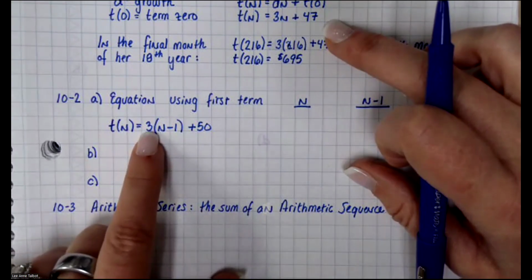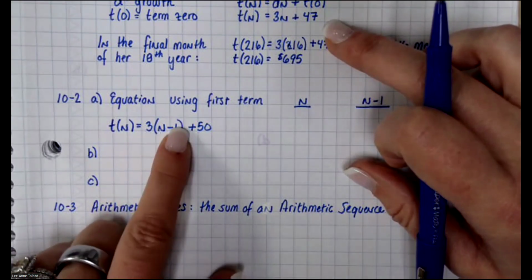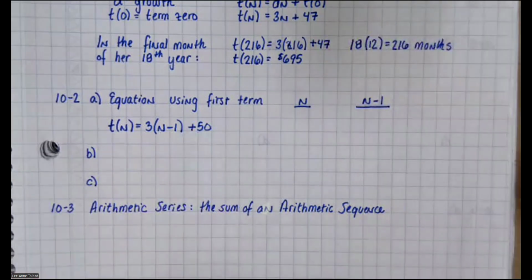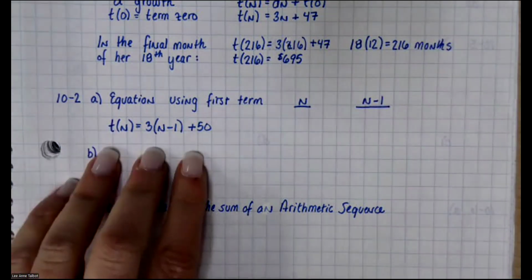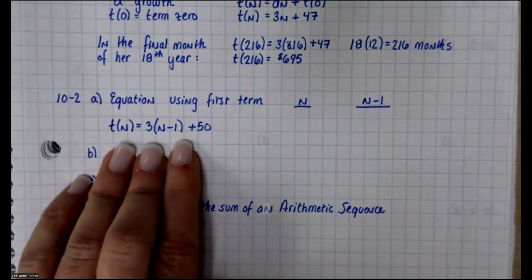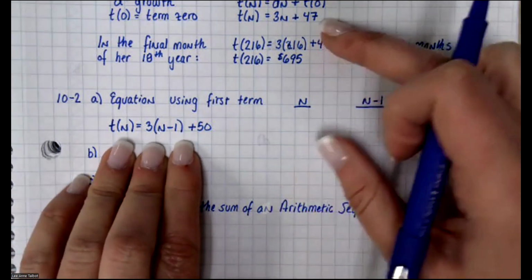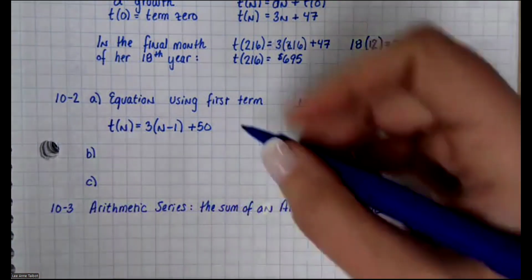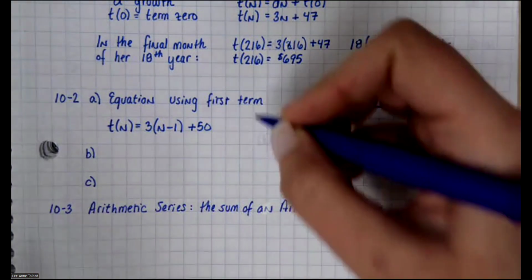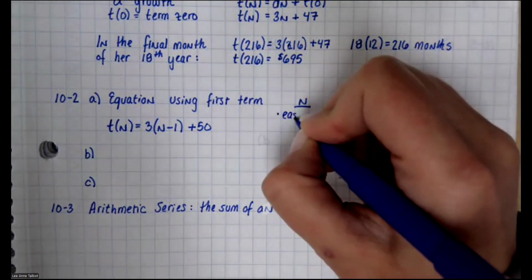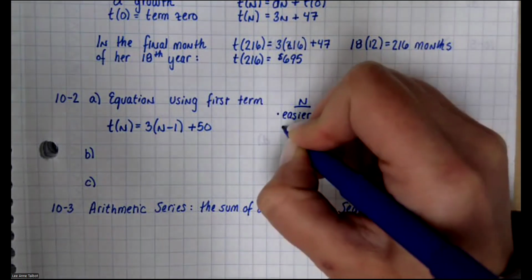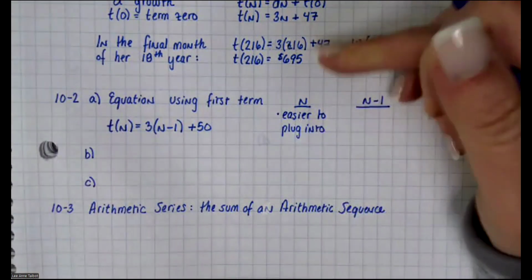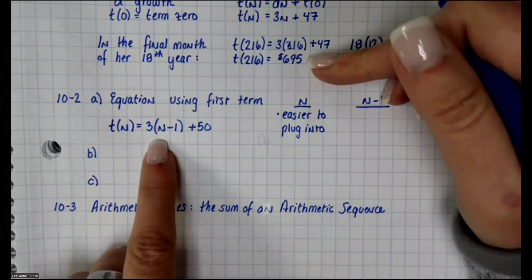Yeah, because you would distribute the 3, and this would become negative 3 plus 50, which is 47. Okay, now this is called writing it using the first term, and this is called writing it using term 0. Writing it using term 0 is better because it's easier to plug into. It's much easier to plug a number into this than it is into this.